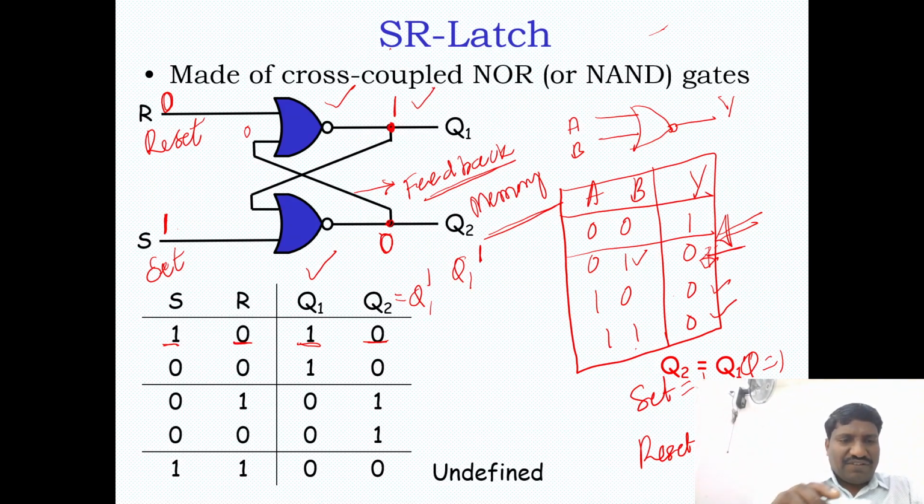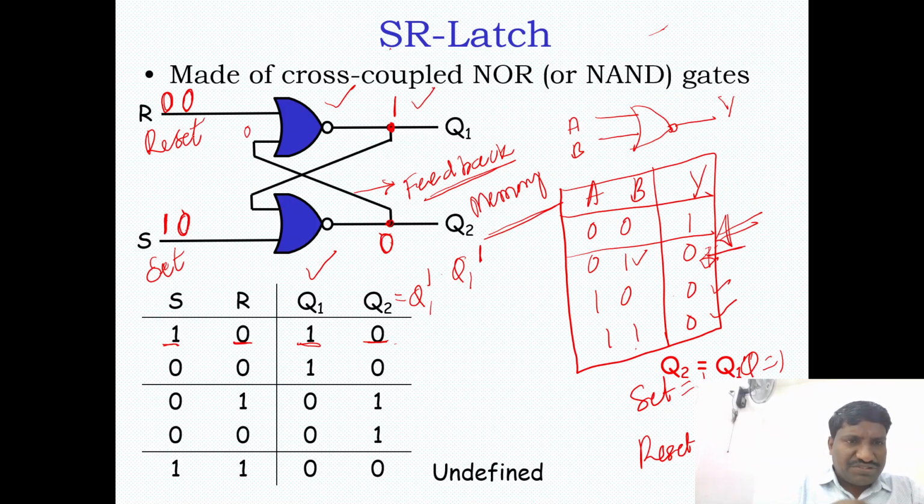Similarly, if I make S equal to 0 and R is also 0, same continuation. Earlier R was 0, now also I am continuing with 0, but I am changing S to 0. Now what exactly happens with respect to the output? Right now, with 1 0, Q1 is 1 and Q2, which is Q1 bar, is 0 of course. So this is 0 and this is 1.